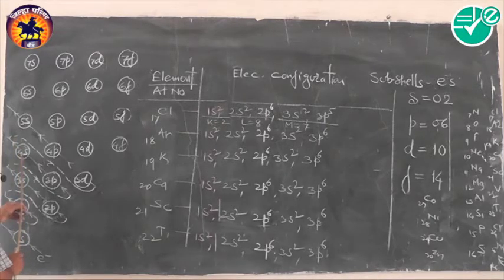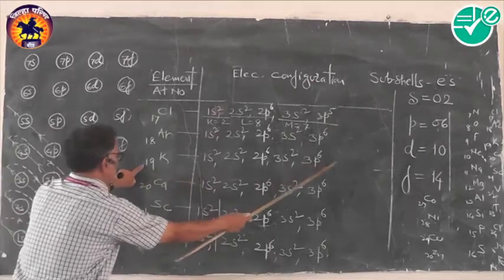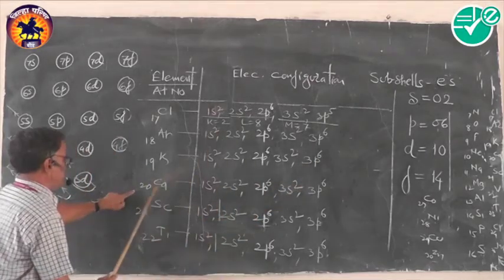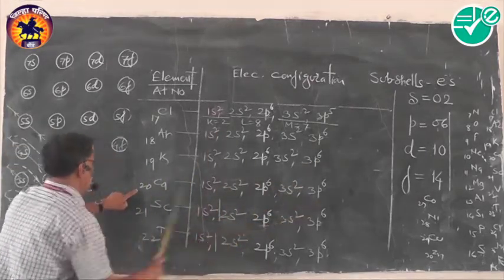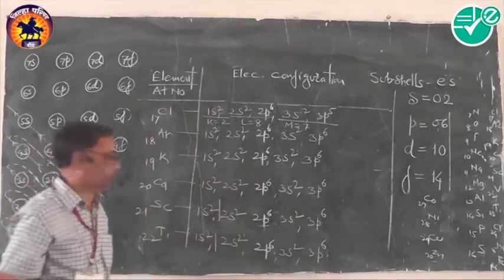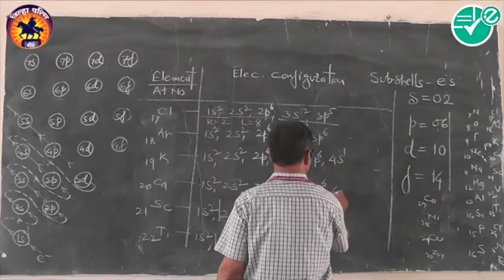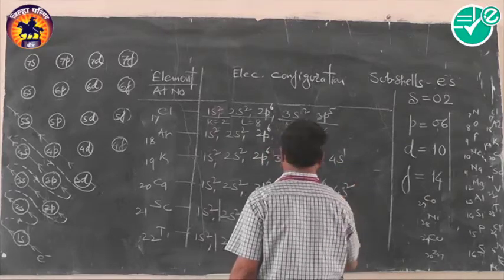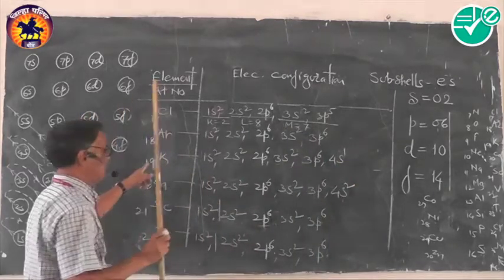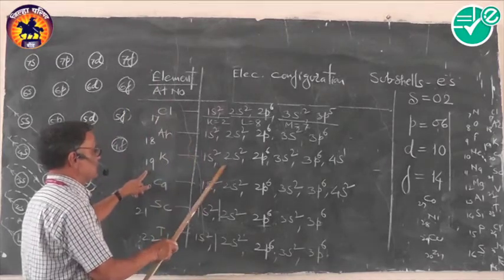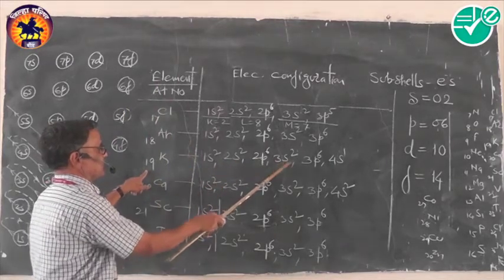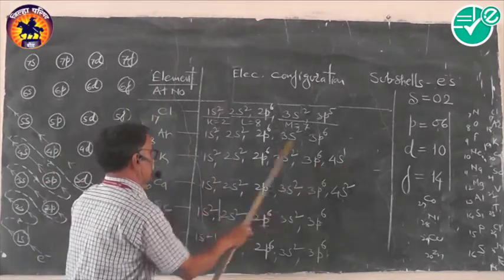So 4s1 will be the electronic configuration of potassium, and 4s2 will be the electronic configuration of calcium. The electronic configuration of potassium is 1s2, 2s2, 2p6, 3s2, 3p6, and 4s1.